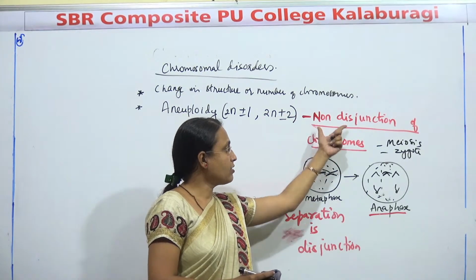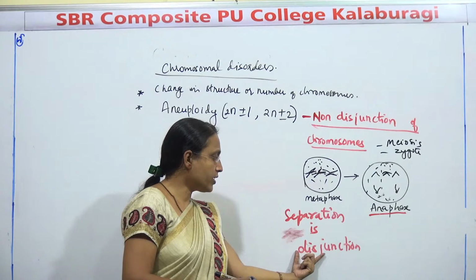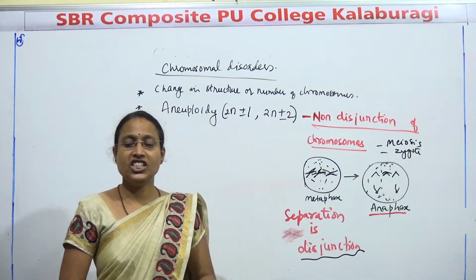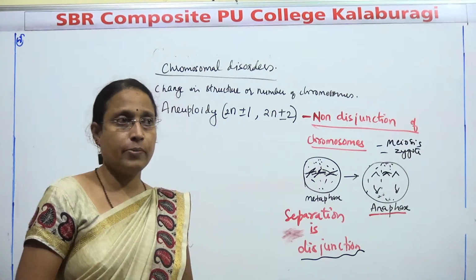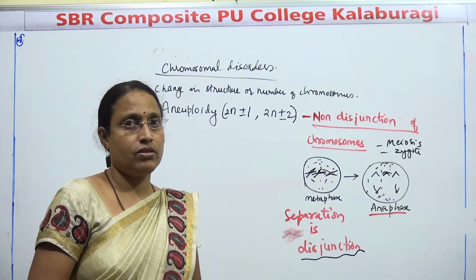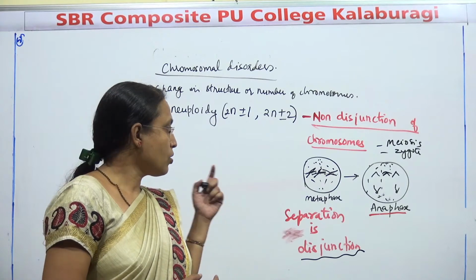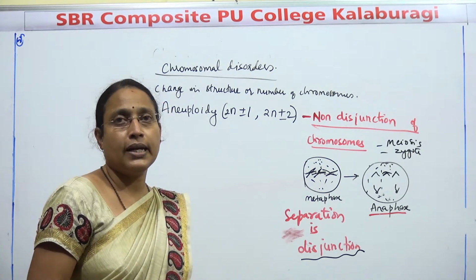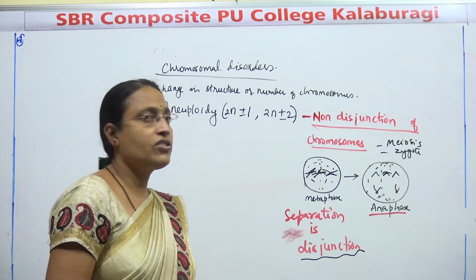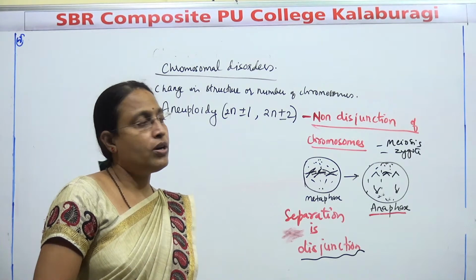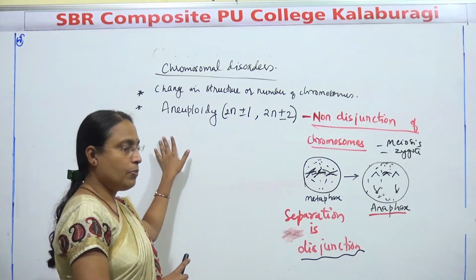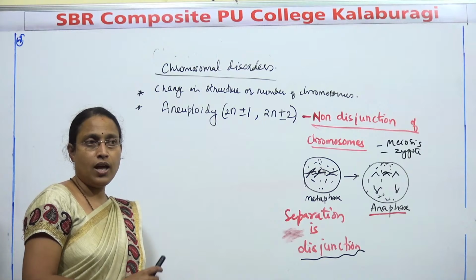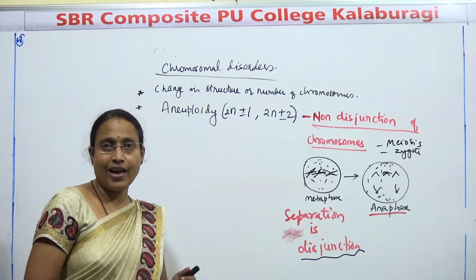Therefore, it is called non-disjunction of chromosomes. So disjunction is separation, which occurs in anaphase, whether in meiosis or cleavage. Failure of normal separation of chromosomes is non-disjunction. Because of non-disjunction, aneuploidy occurs, and because of aneuploidy, chromosomal disorders occur.